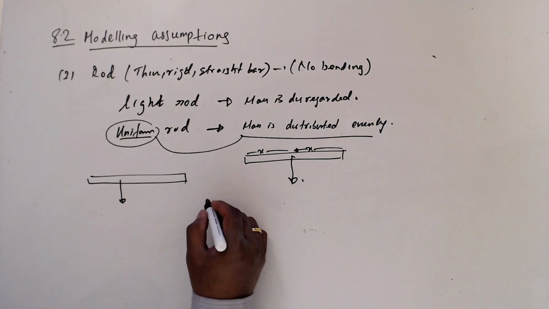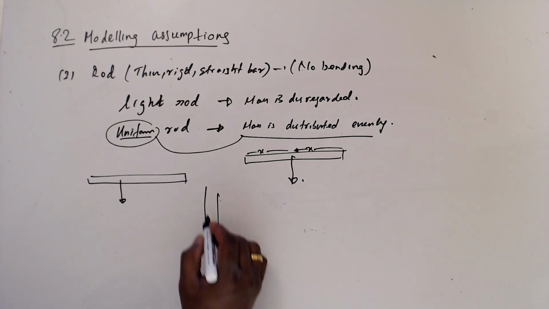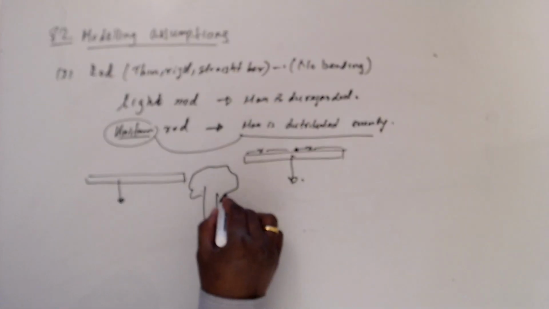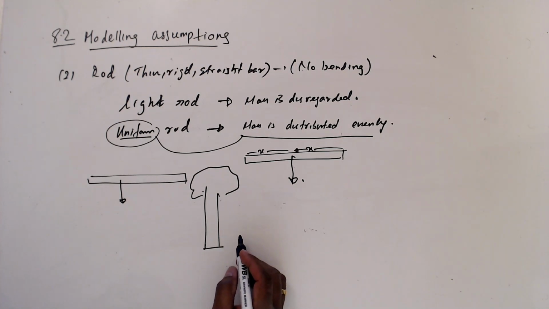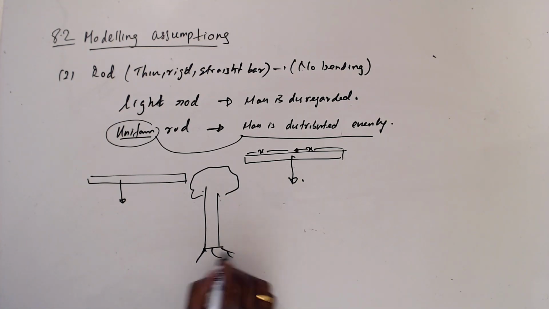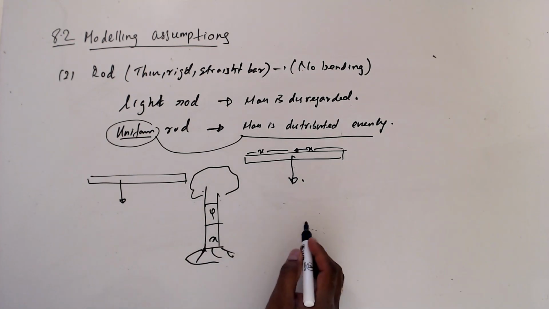A good example is if you cut a stick from a tree. Let's say this is the x area and this is the y area.